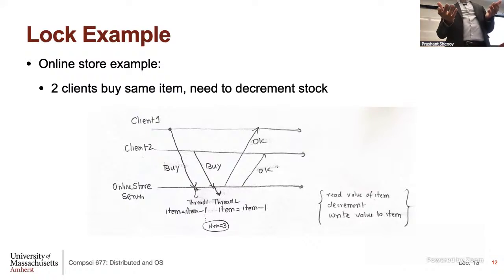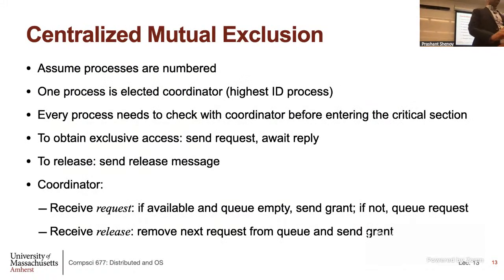If there is no lock, you might essentially get an error, because the first one will succeed, and the second request will come when the first request has already bought maybe the last item of that stock, and it will fail. So you want to ensure that the clients can essentially get a distributed lock so that only one of them can buy that item at any time. This is one simple example of why you need locking. There are many others that we can use as well. But let's now look at an example of how you do this.